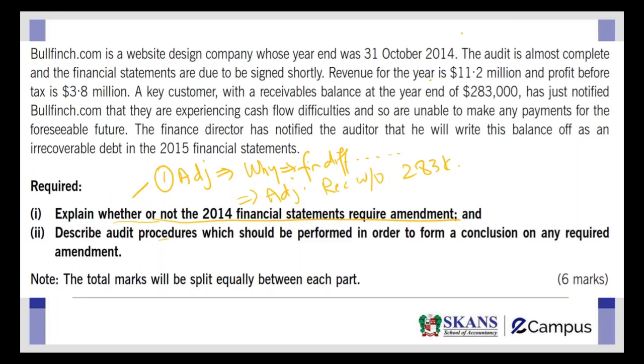Because I've been given the figures of revenue and profit before tax, this is an indication that there are separate marks for commenting on materiality. So if you can do this, you should, and we can do this in this scenario. This is material because it's 7.4% of PBT and 2.4% of revenue.